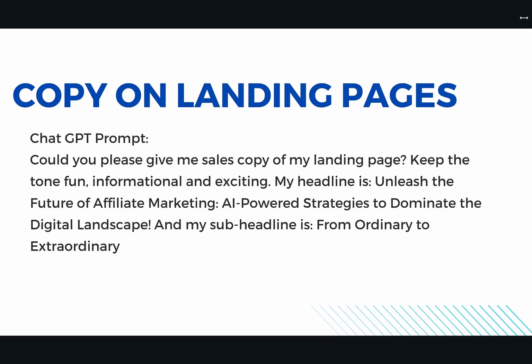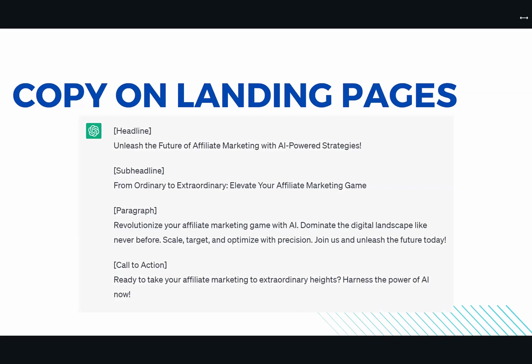So go ahead and, if you want, copy and paste this, or plug in your headline and the sub headline that you like, and change your tone if you want to, right? If you want it to sound serious, or anything else, make it sound like you and your talking style. So do this, plug this into ChatGPT, and it comes back with this amazing sales page copy.